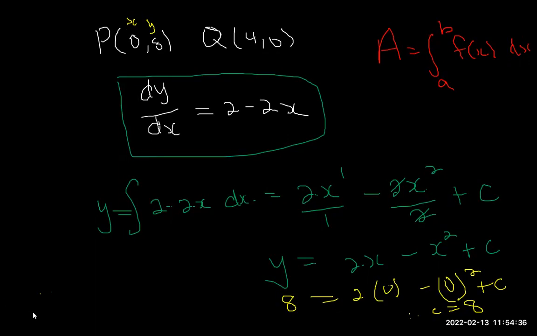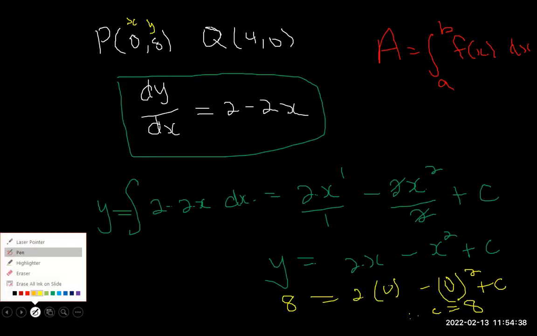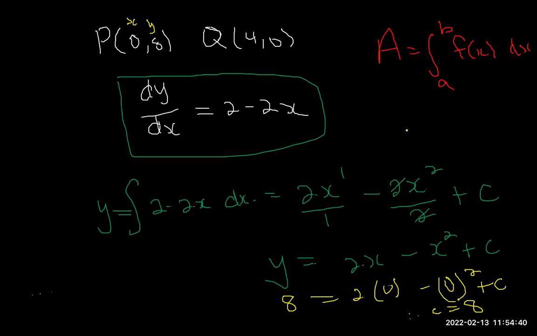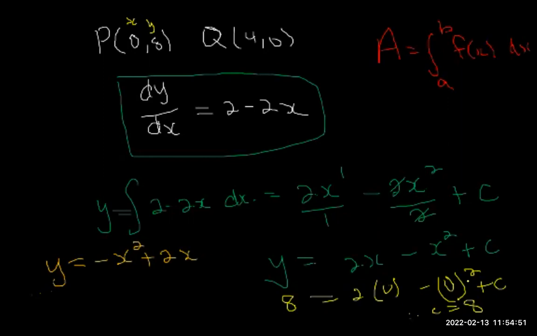So the equation of the curve is now y is equal to, just rearranging this a bit, minus x squared plus 2x, and then my c is 8, so plus 8. This is the equation of the curve that I will be working with now. And I can use this to put it into my formula right here to find the area.